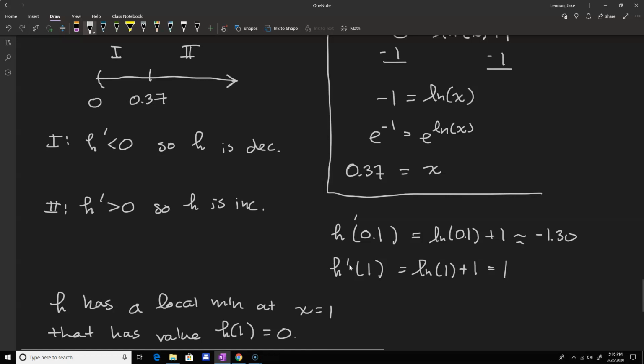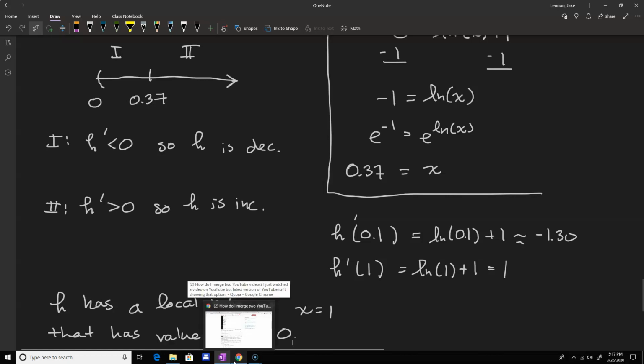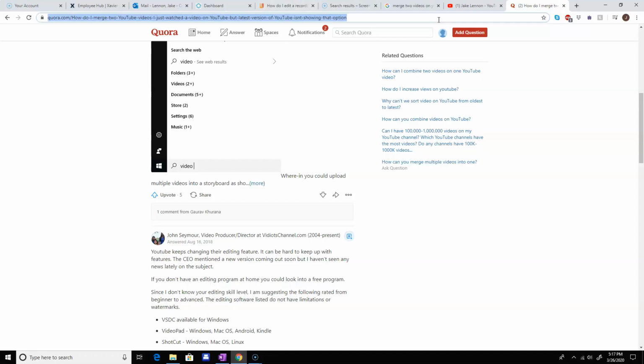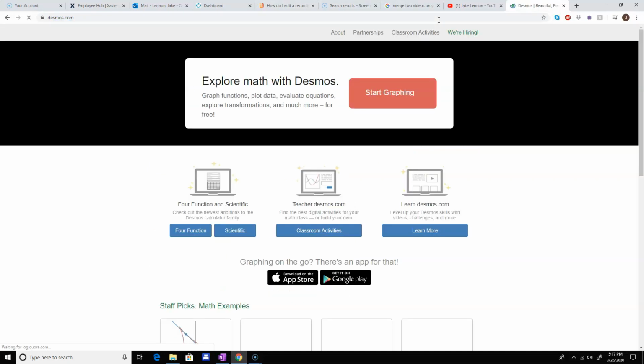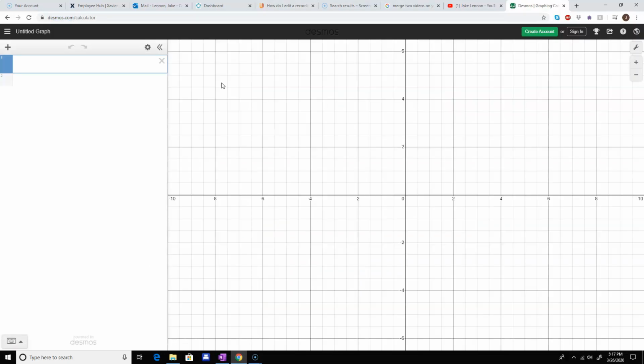Again, a lot of times keep in mind that we can go ahead and actually just graph these things to see if what we did makes sense. So let's go ahead and just do that here. So our function, we said h of x was equal to x times the natural log of x.